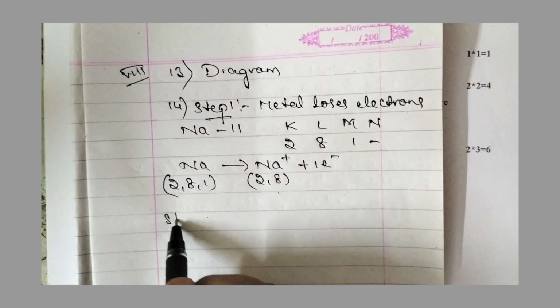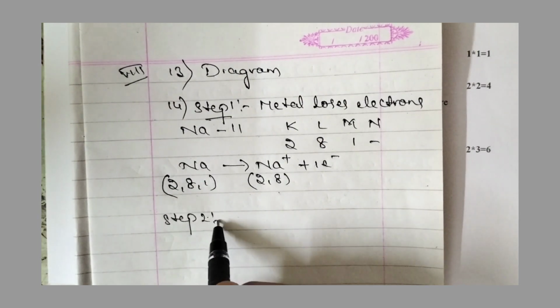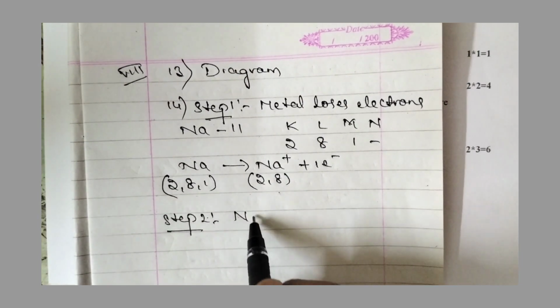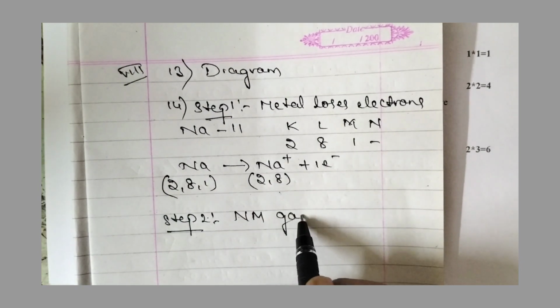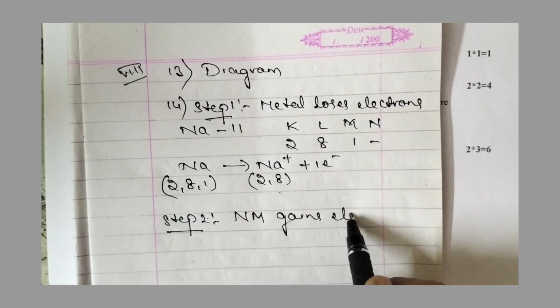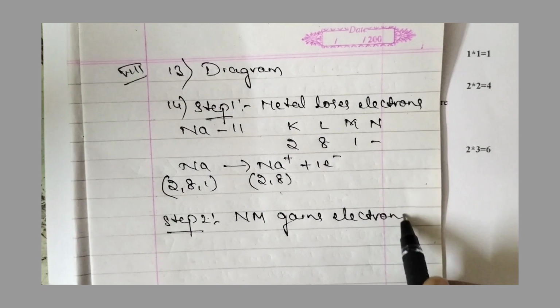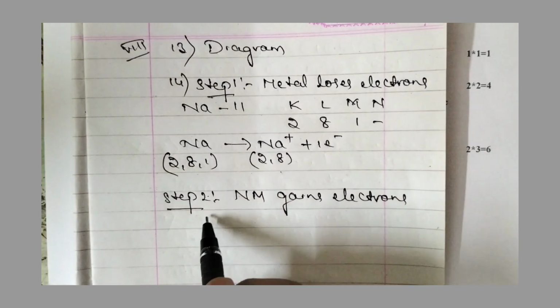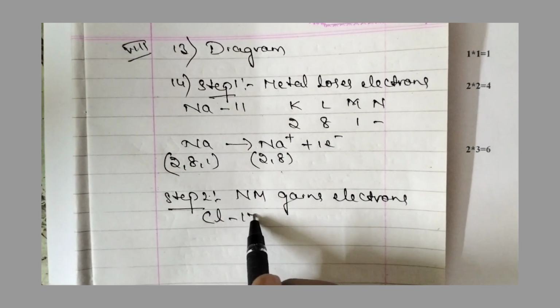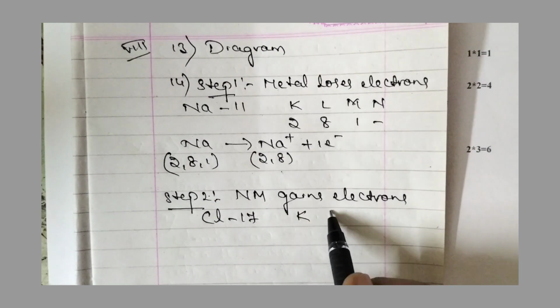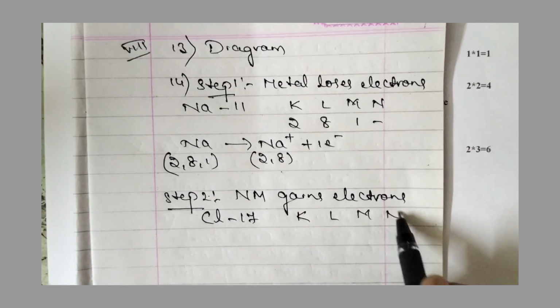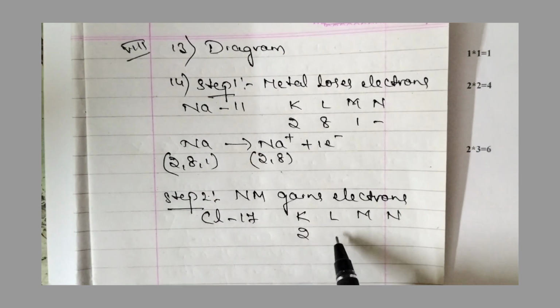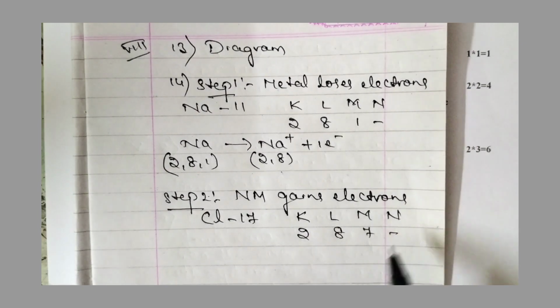Then step number 2: non-metal gains electrons. Non-metals have the ability to gain electrons. Here the non-metal is chlorine. Atomic number is 17, K, L, M, N, so the electronic configuration is 2, 8, 7.